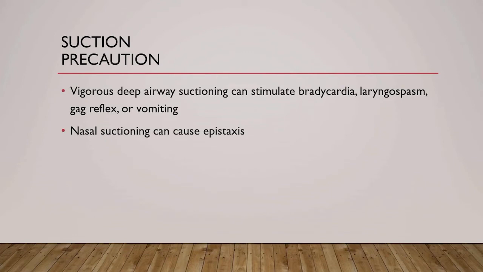However, vigorous deep airway suctioning may cause bradycardia, laryngospasm, and induce vomiting, in turn causing aspiration pneumonitis. Nasal suctioning can also cause epistaxis, especially in patients with a bleeding tendency.